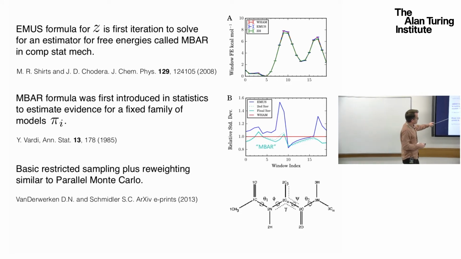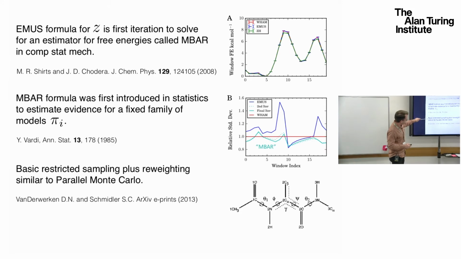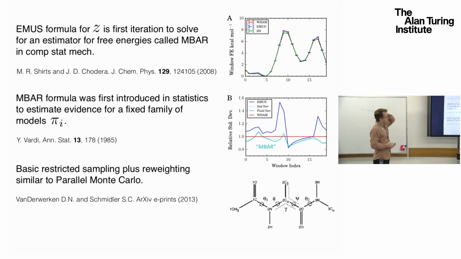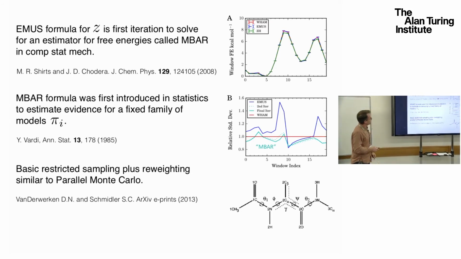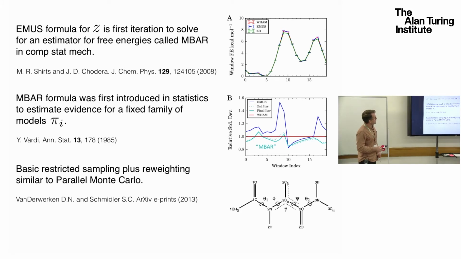And let me also mention that this umbrella sampling philosophy is also very close to this work that Scott Schmidler did, which appears on the arXiv from 2013. Okay? So here I'm mentioning the iterative version of this scheme. OK. So that's the algorithm and how it relates to what came before.